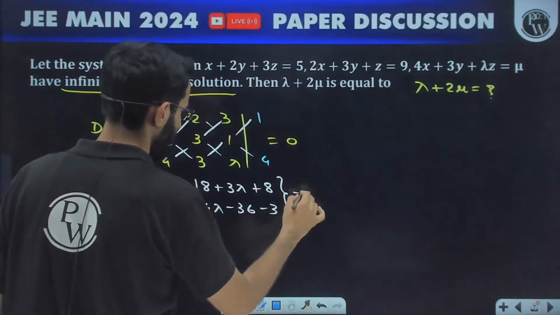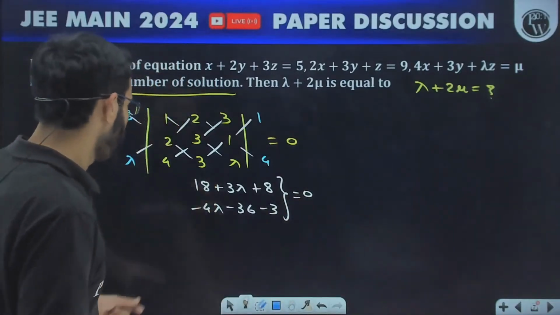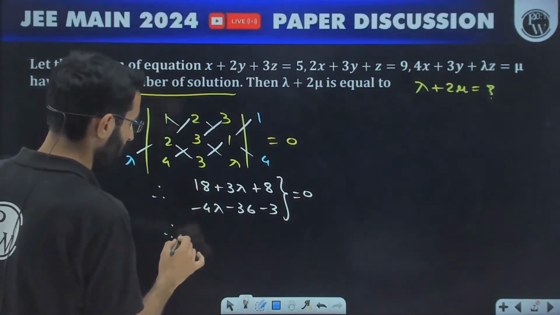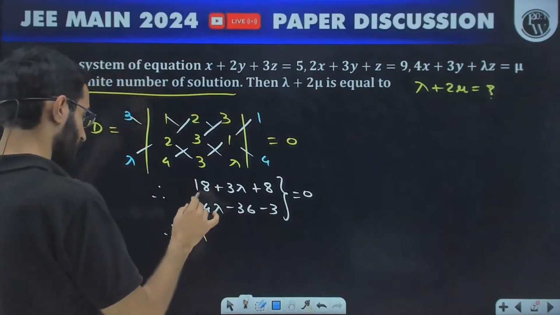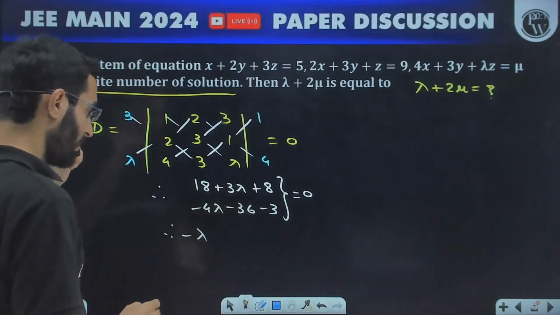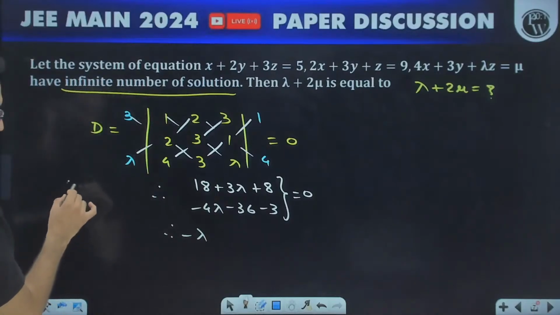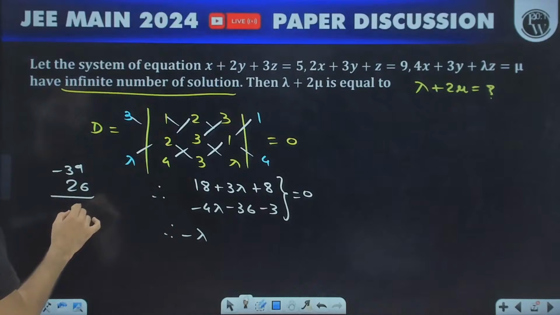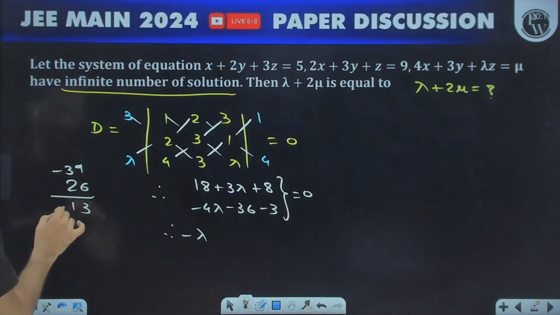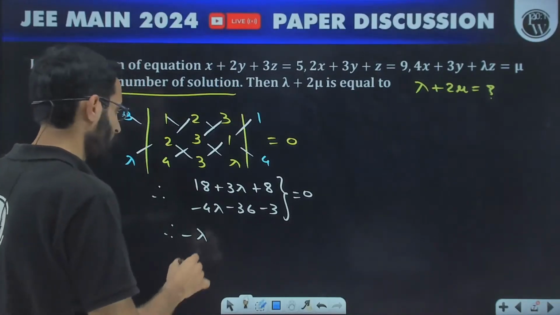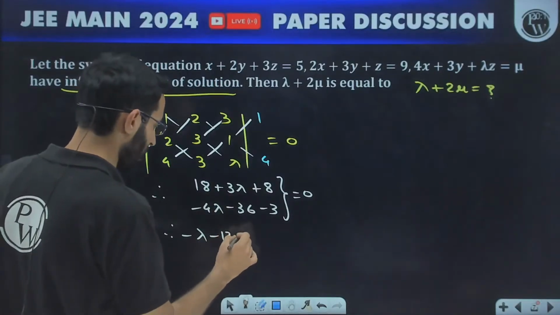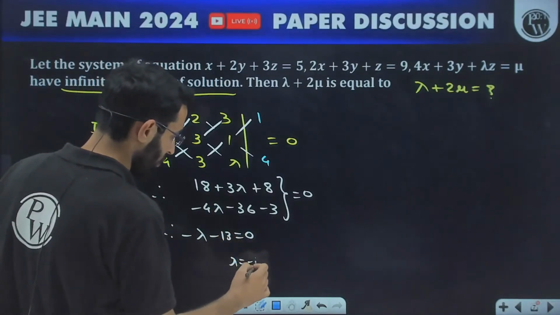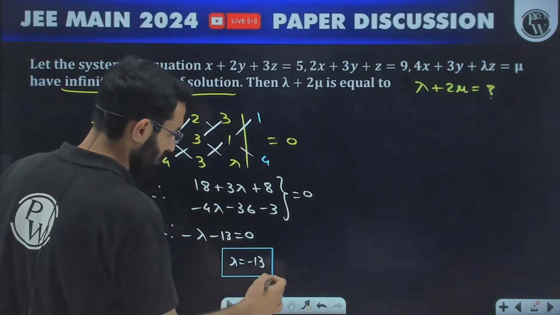Now 3 lambda minus 4 lambda will become minus lambda. Now 18 plus 8 will give you 26. Minus 36 minus 3 will give you minus 39. Minus 9 plus 6 will become minus 3. So we are going to get the value of lambda as minus 30.